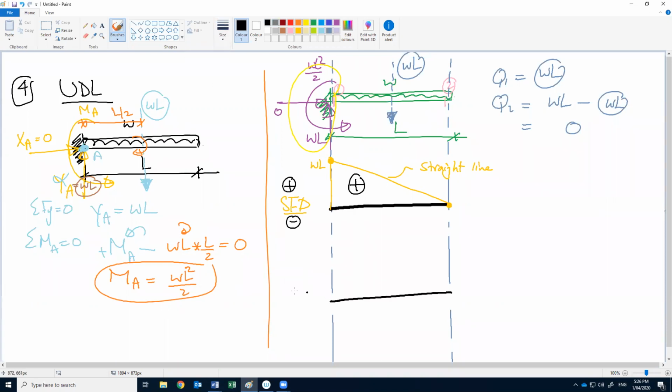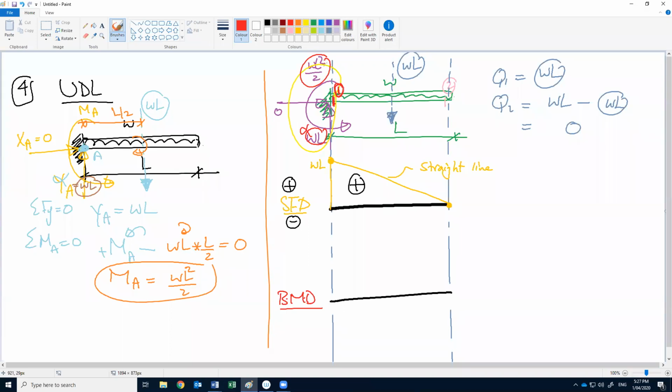This is our datum for the moment, so we have the bending moment diagram. How can we draw the bending moment diagram for this one? If we start at cut 1, what causes moment at cut 1? WL square on 2. This force passes through, so no moment for it, but this moment will cause moment at 1.